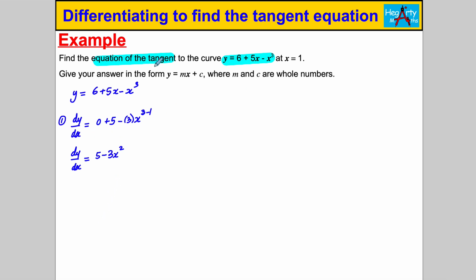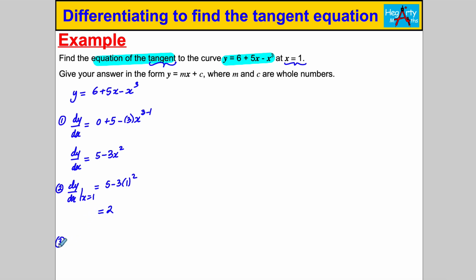So we want to find, though, the equation of the tangent. So we'd like the gradient of the tangent at x is equal to 1. So step 2 is let's work out dy by dx when x is equal to 1. Substituting in 1 here, we get that the gradient at that point on the curve is equal to 2.